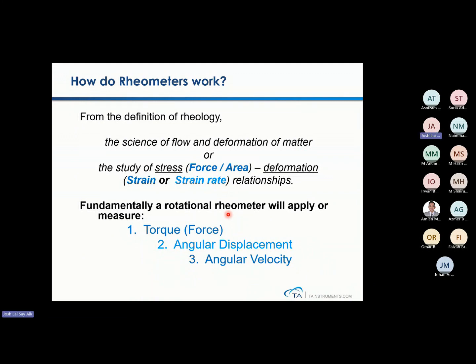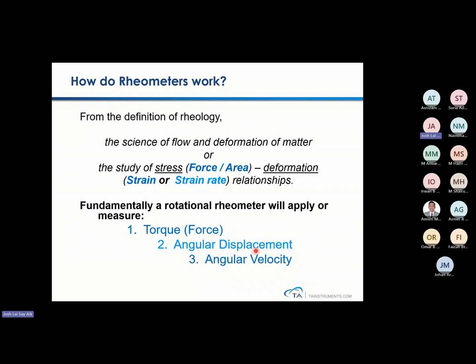from the rheometer's specifications. In any rheometer specification, you always have these three main key specifications that you need to understand. First of all is torque. Torque is actually force applied in a rotational manner. That's why we name it torque, which is in Newton meters.